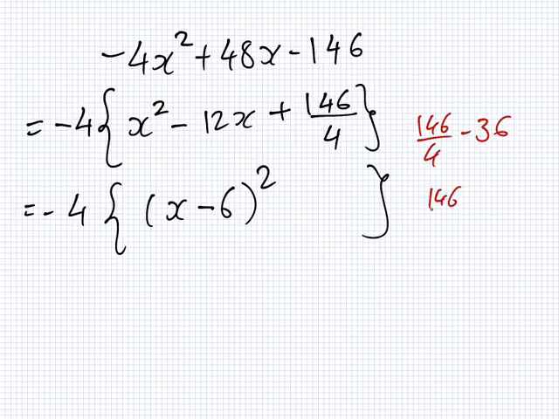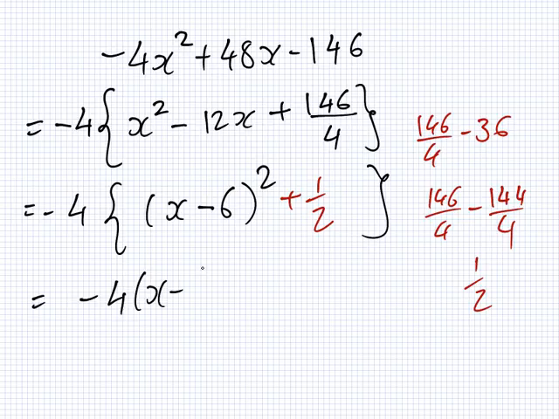That's 146 over 4 minus 144 over 4, which is a half. I hope so. Right, so plus a half. So this will be minus 4 times x minus 6 squared minus 2.